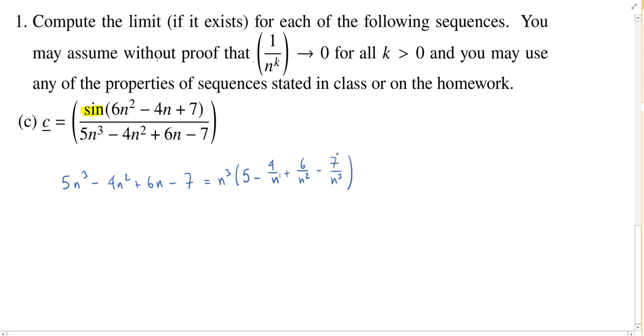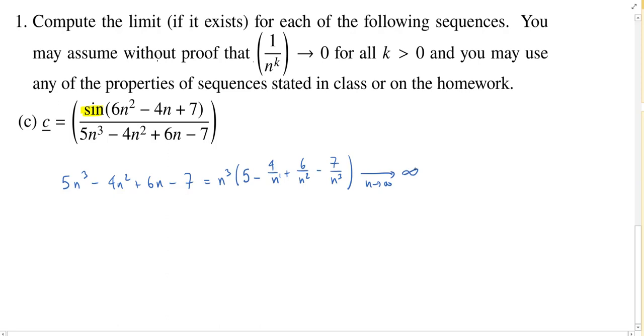So as n goes to infinity, all three of these terms will go to 0. So I get this entire piece converging to 5 times n cubed, and n is going to infinity. So I'm taking something going to infinity and multiplying it by something which is converging to 5. So as n goes to infinity, this whole thing is going to blow up to infinity.